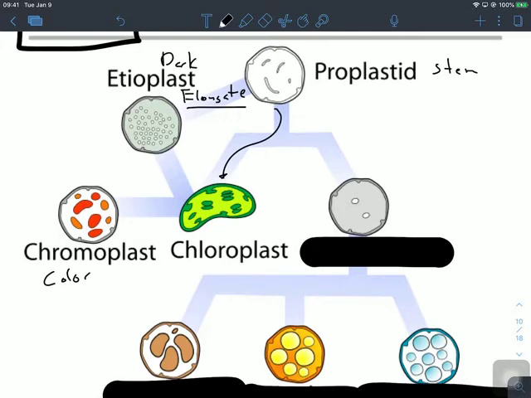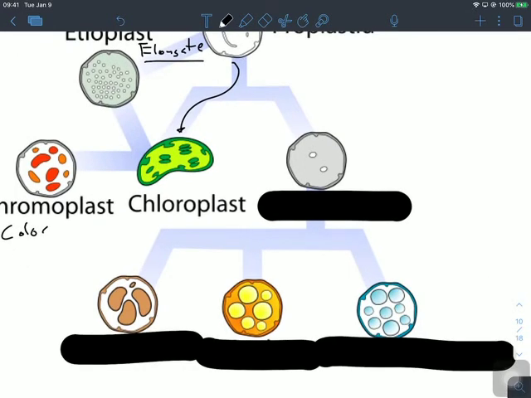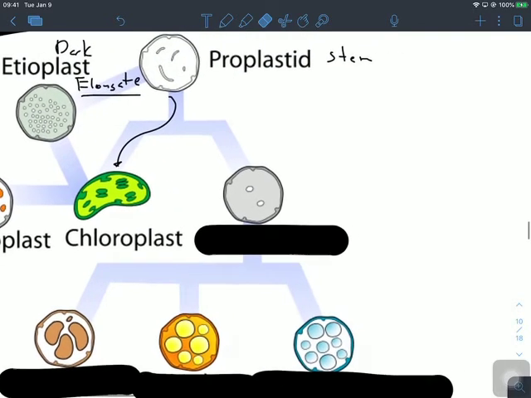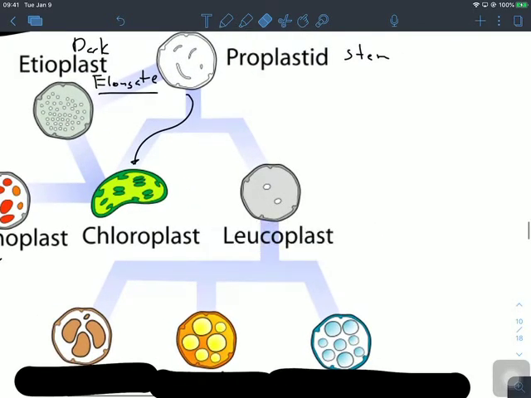But you can also get different plastids that help store nutrients. If they store nutrients, the proplastid will form a leucoplast. This leucoplast helps in a lot of different synthesis pathways. In particular, a lot of those synthesis pathways have to do with storage of molecules.